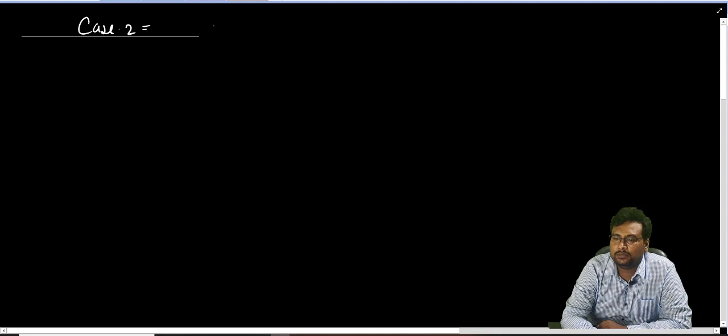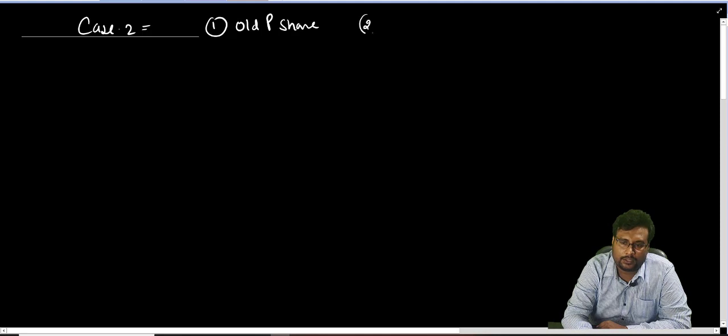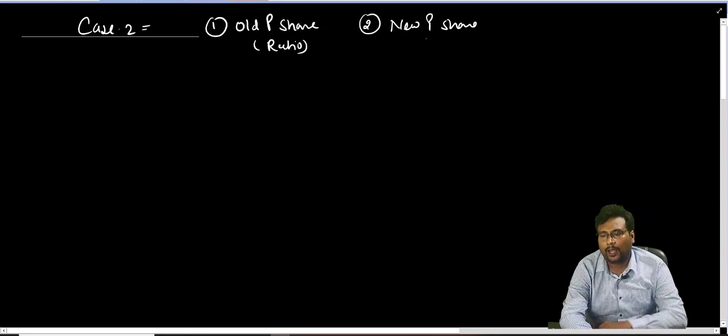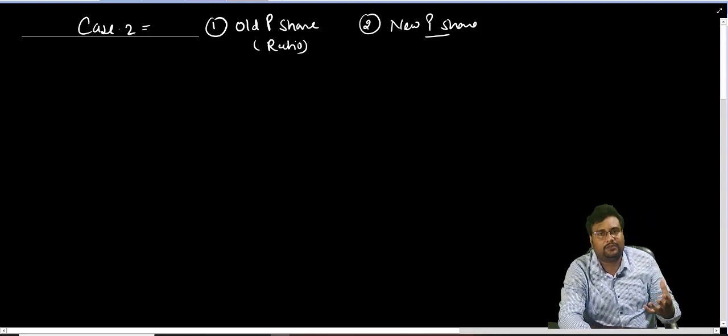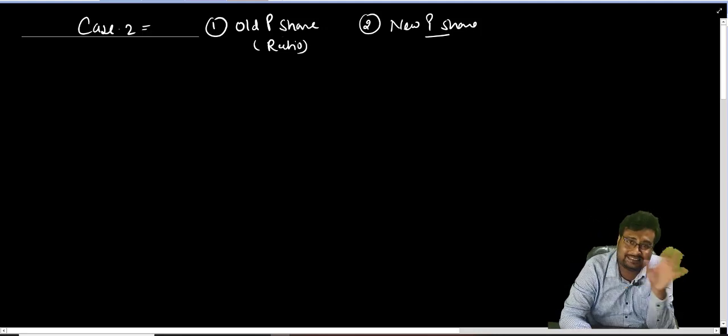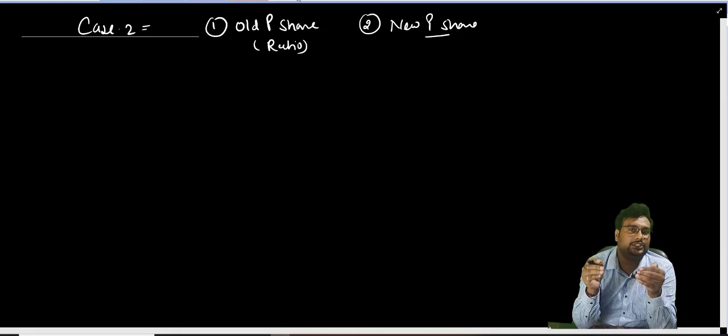Number 1, in case number 1, two pieces of information are present: old partner share, or old partner ratio, you can say, and new partner share. When these two pieces of information are there, that will be case number 1.